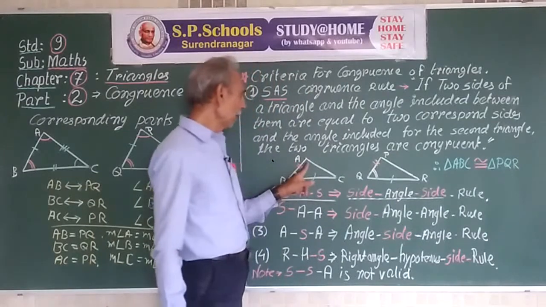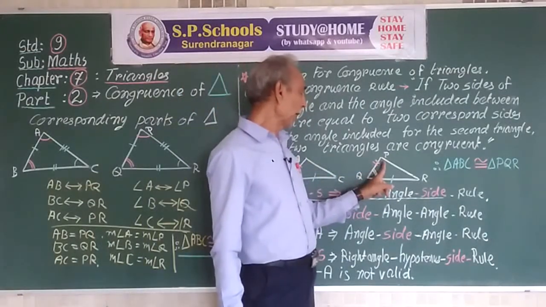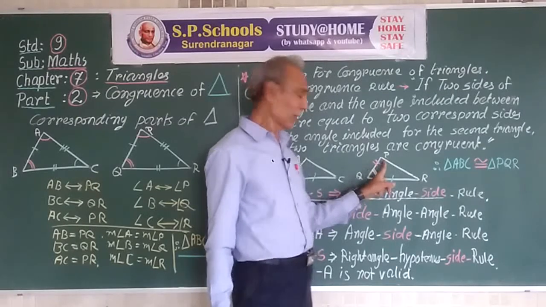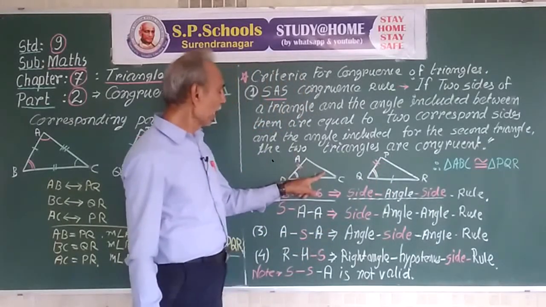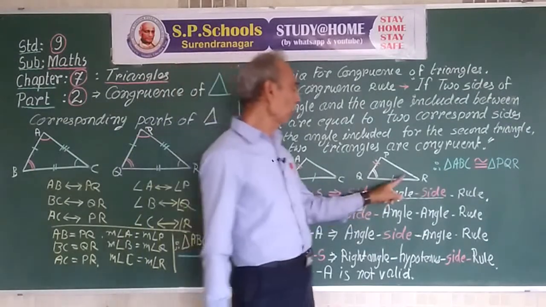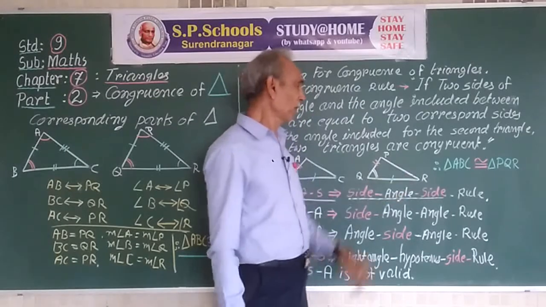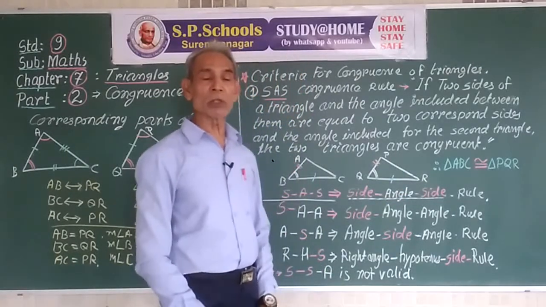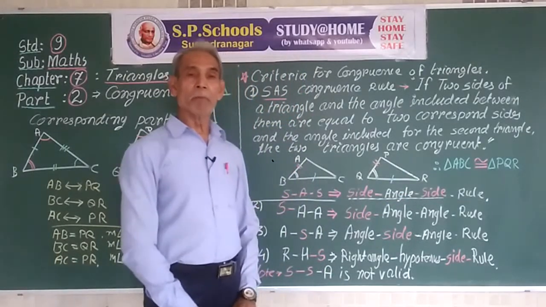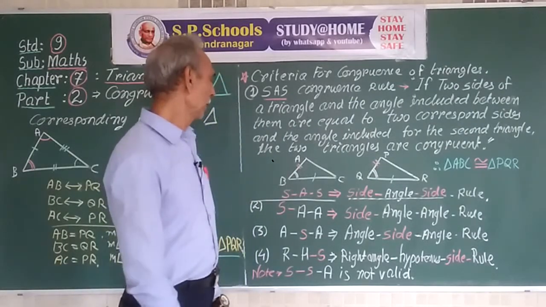Remaining angle BAC will be equal in measure to angle QPR. The third angle ACB will be equal to angle PRQ in measure. The remaining factors will also become equal in measure and congruent.